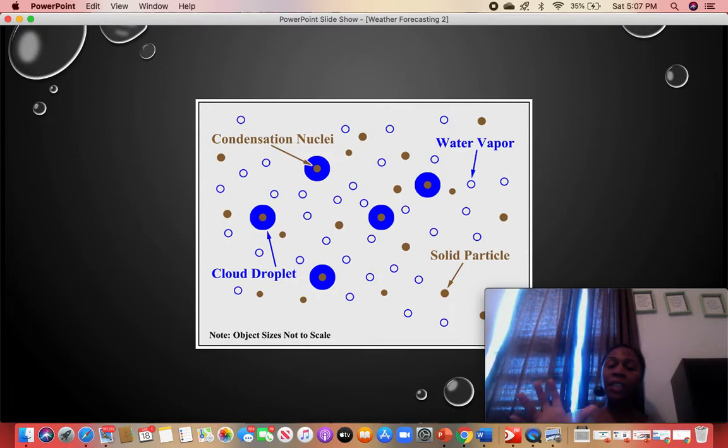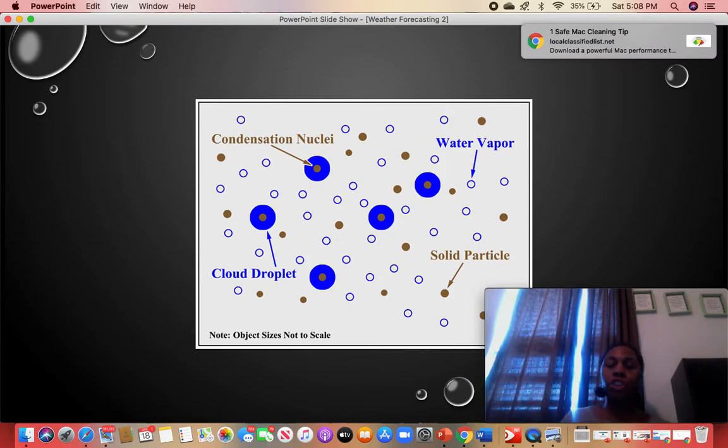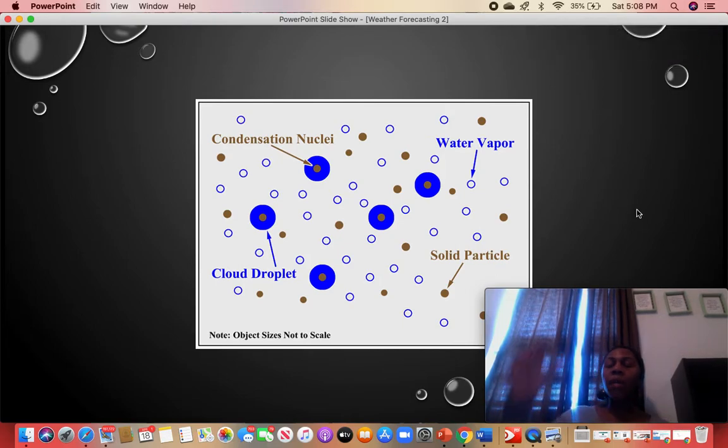So in the midst of this cycle, when we have our water vapor up in the higher atmosphere and the colder temperatures, some of that water vapor will condense like normal, but what happens is it'll condense on something called a nuclei. You see that in the slide here on the screen.